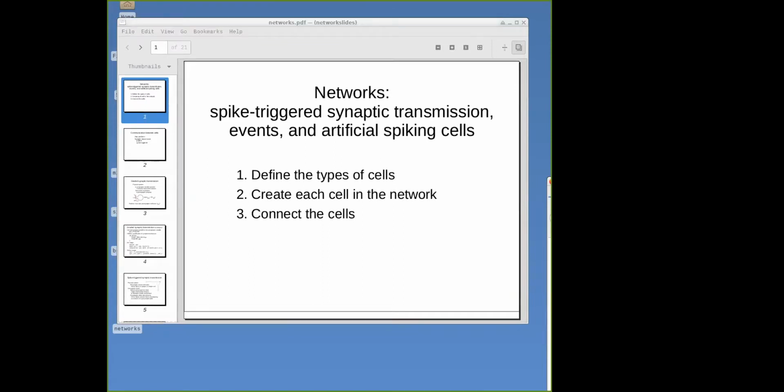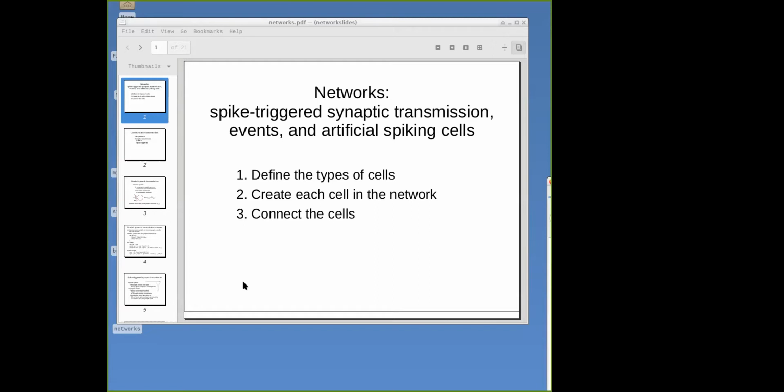Looks good. Okay, so if you're going to be modeling networks, your first task is, of course, after you've come up with a hypothesis, which means you've decided what kinds of cells you need in your network, what sort of network architecture you're going to be using, what kind of synaptic mechanisms are going to be involved, and all that good stuff, all the interesting science part.